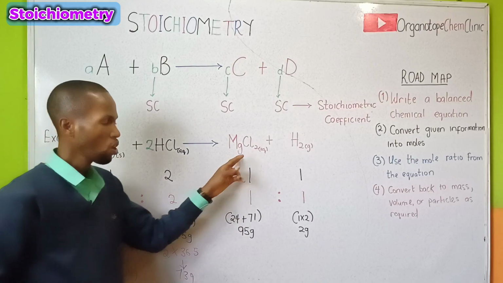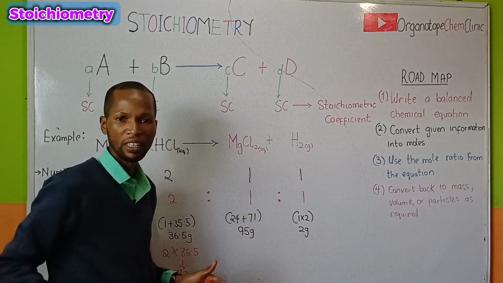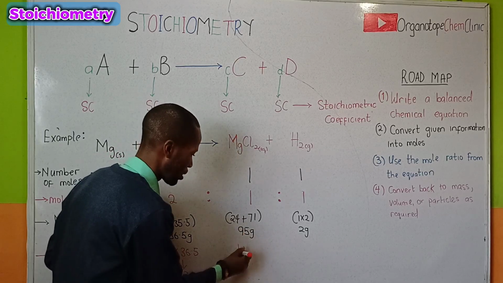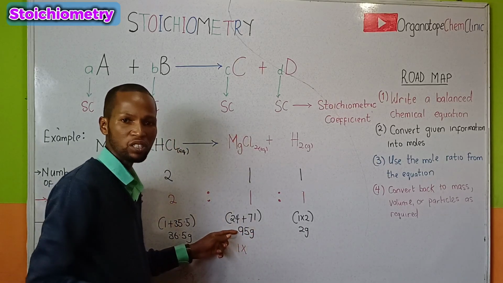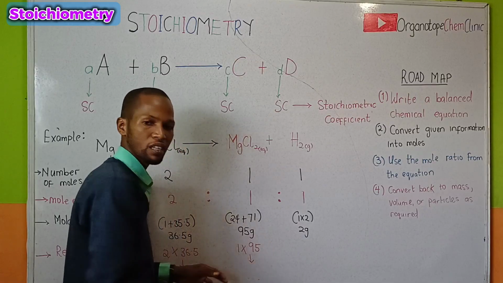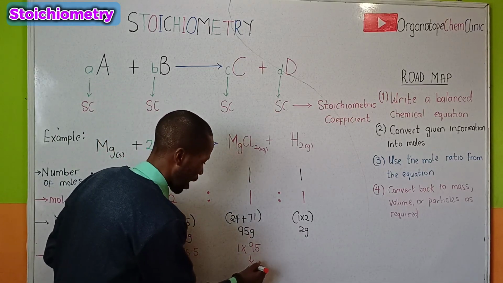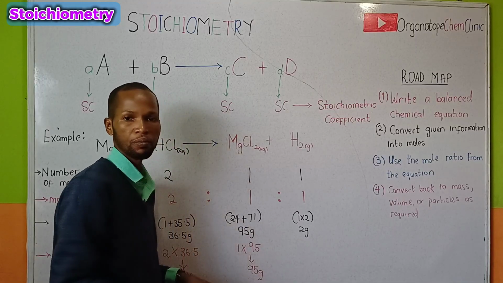On the product side, we have the stoichiometric coefficient of magnesium chloride as 1 times the molar mass, 95. So the reacting mass of the magnesium chloride is 95 grams.